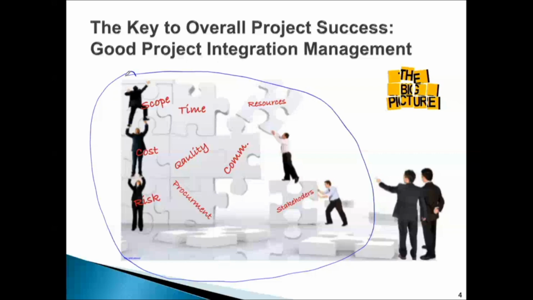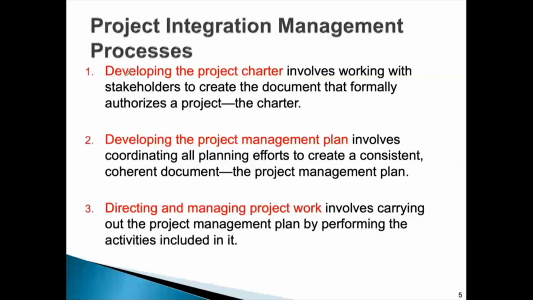Now, in this knowledge area, we have 6 processes. You develop the project charter, and you develop the project management plan. The outcome of the first one, developing the project charter, is the charter itself, the document, which is the formal authorization of the project.